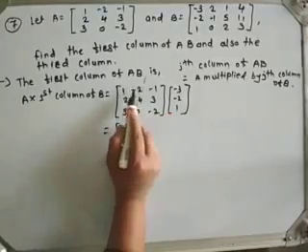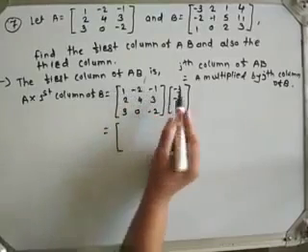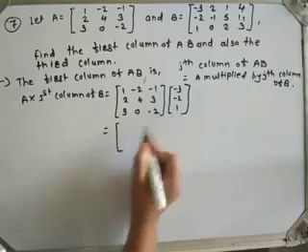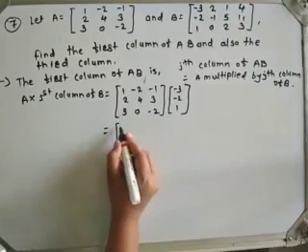multiply corresponding entries of the first row into the first column of B for the first entry of the first column of AB.